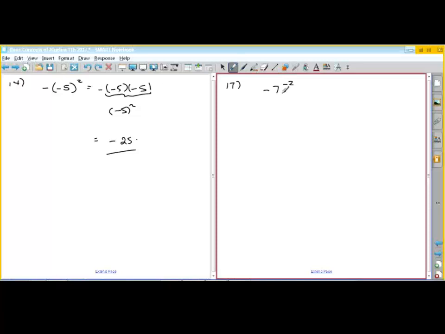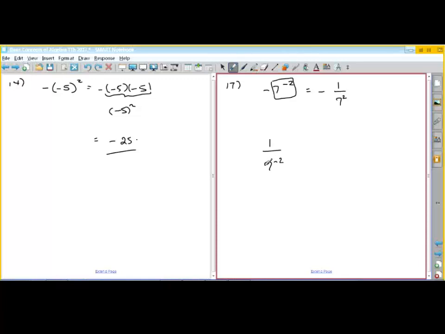Okay. Now this one again, you're doing this first, which we can't do anything with until we rewrite it with a positive exponent. So this negative sign is the same negative sign here. But when you have a negative exponent, the first thing you do is write it as a positive exponent in the other place.